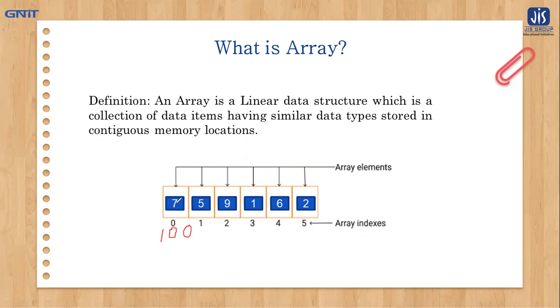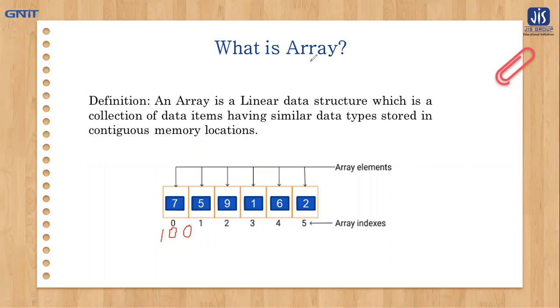Nowadays, for a Pentium 4 machine, an integer takes 4 bytes of memory, but theoretically an integer value takes 2 bytes. Suppose we are going for the Pentium 4 machine and it takes 4 bytes, so 5 will be stored at location 104. Theoretically, if 7 is stored at 100, then the next integer value will be stored at 102.